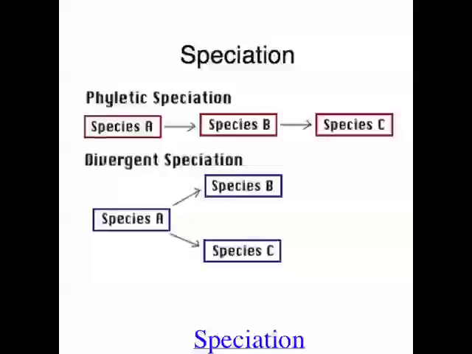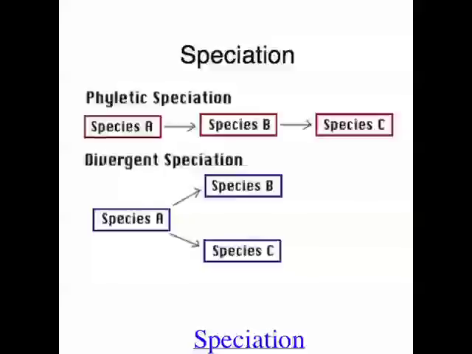The other type of speciation is branching evolution or divergent evolution, and this is where the population of one species splits into two, and one part of the population evolves separately or differently to form a new species, which is distinct and very different from the original or the other species.